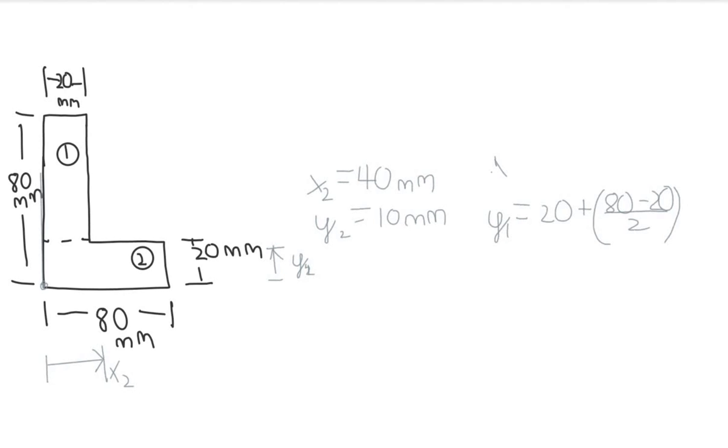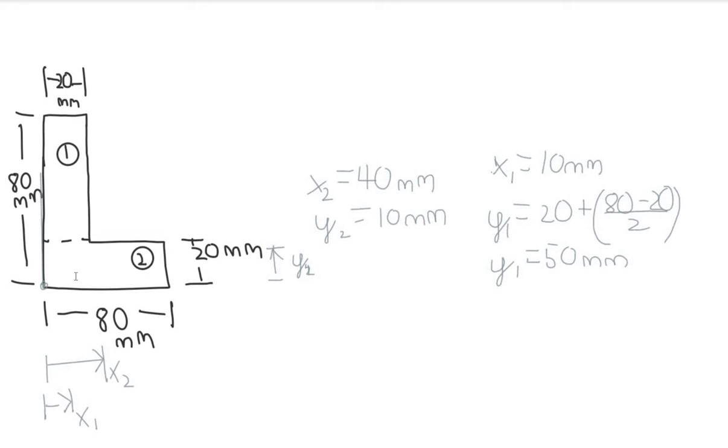Y bar 1 is equal to 50 millimeters. X bar 1 is equal to 10 millimeters, since that is half of the axis of symmetry of shape 1.